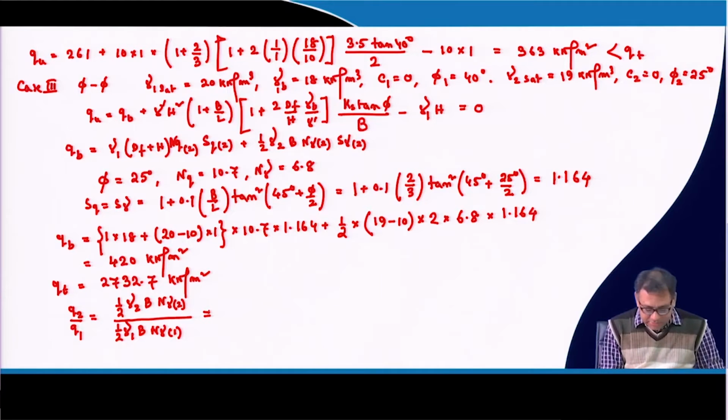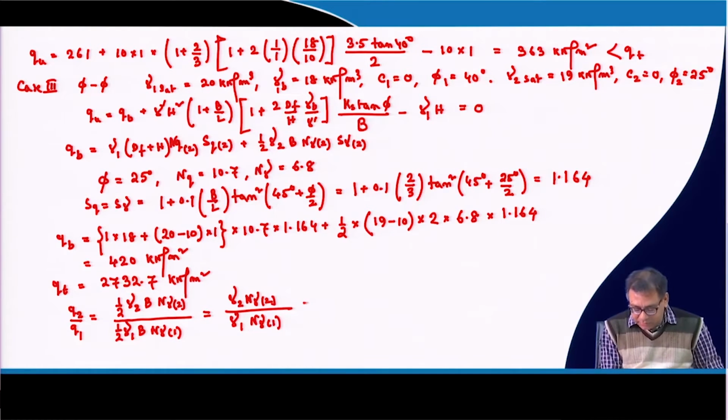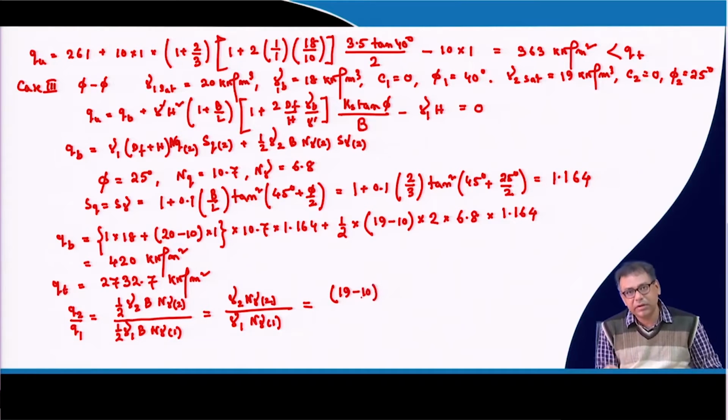That is why, because half b will cancel out, there will only be gamma 2 and N gamma 2, and gamma 1 and N gamma 1. So, now gamma 2 here I am taking as 19 minus 10, gamma dash, because it is the second layer below the water table, and N gamma 2 for phi 25 is 6.8.